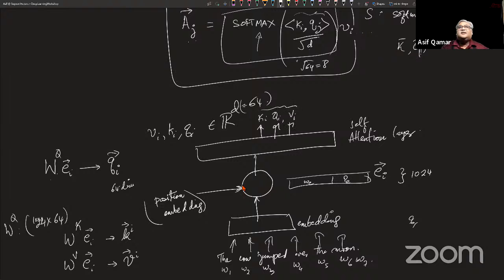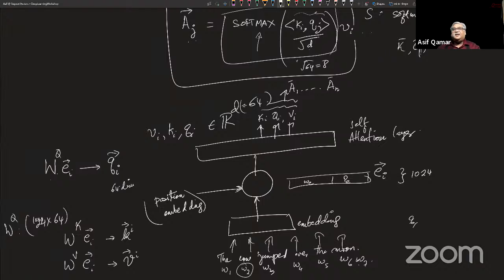Then these things together produce what? Your attention vectors, A_1 all the way to A_n. Suppose there are n words. You will produce all these n vectors. So what happened? Seven words went in and seven attention vectors came out. What do these attention vectors mean? The attention vector for the word cow probably is paying a lot of attention to the word jumped and to the word moon, right?